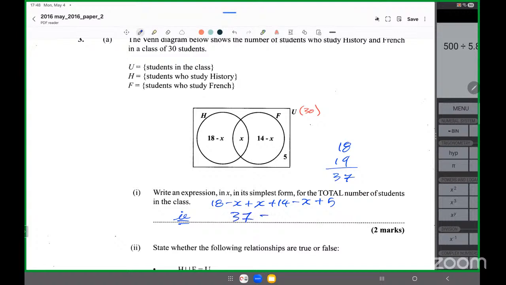The answer is 37 minus x, right over here. This becomes 37 minus x. All right, that is the answer right here.